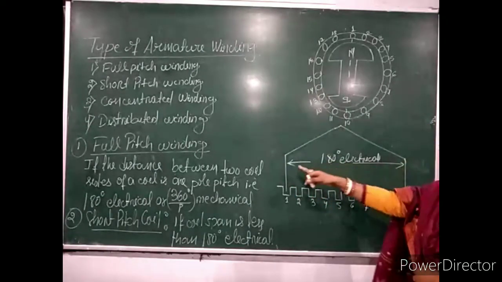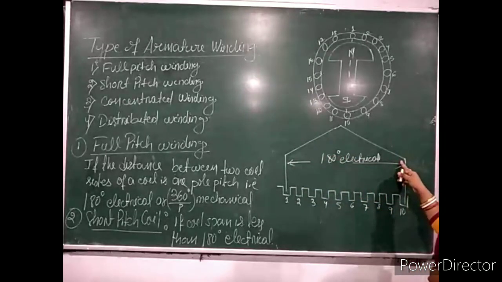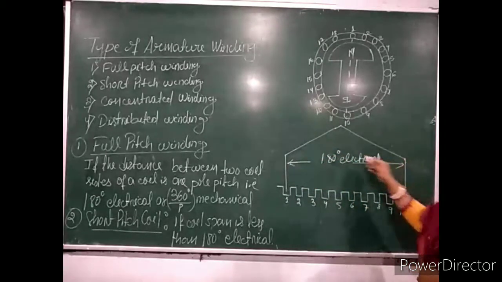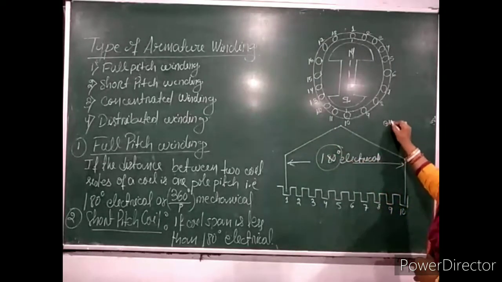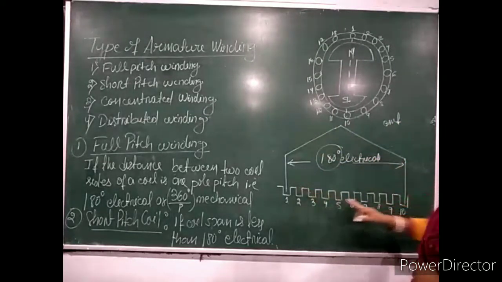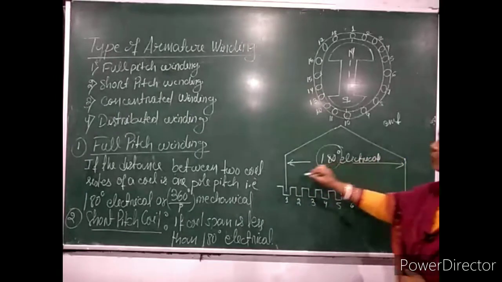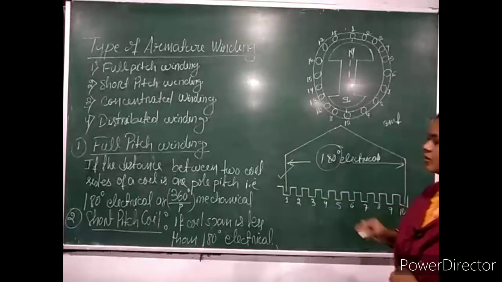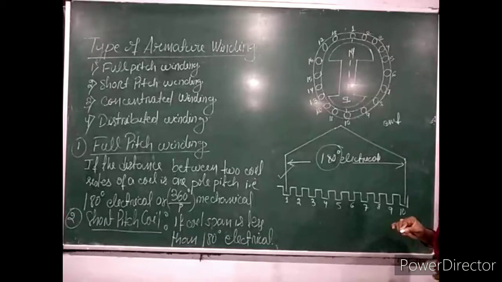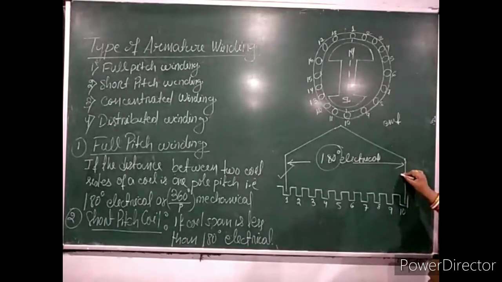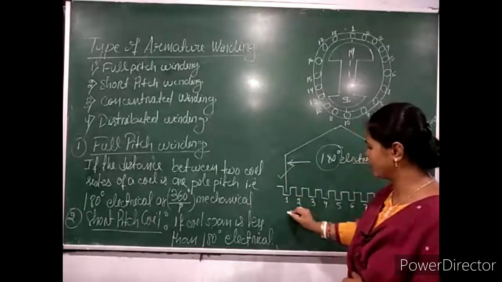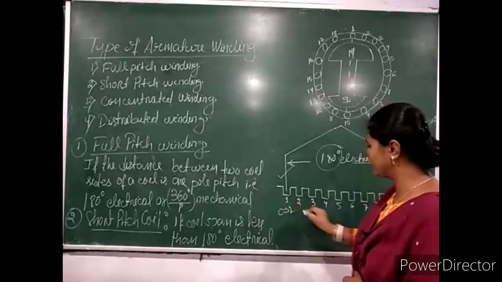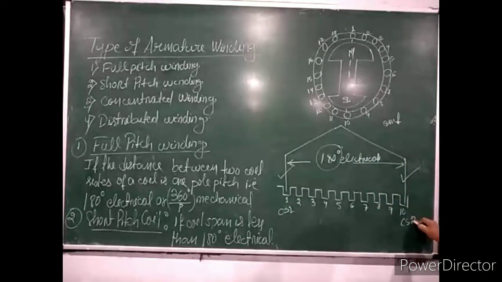As the coil span between these two conductors is 180 degree, the total EMF induced in this whole coil is the algebraic sum of the EMF induced in coil side 1 plus the EMF induced in coil side 2. Suppose this is coil side 1 and this is coil side 2.